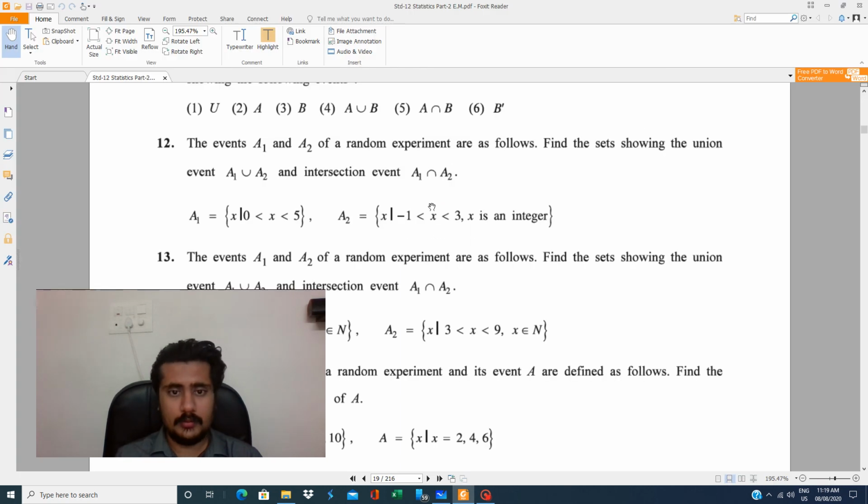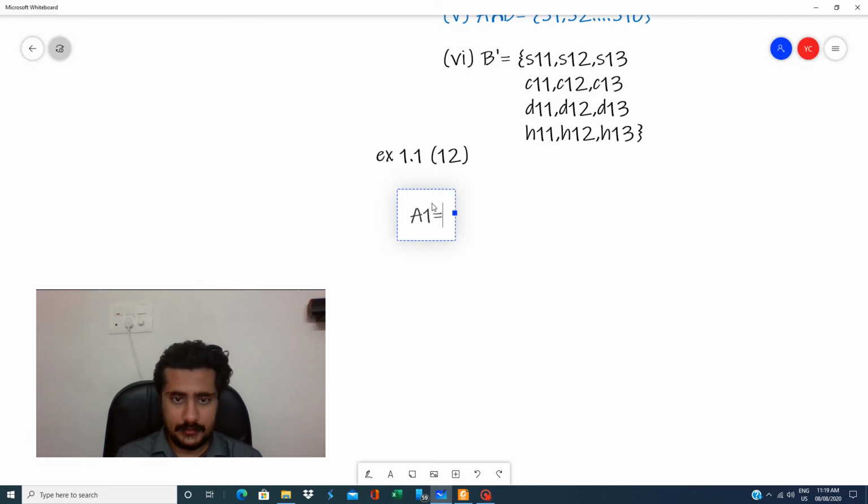So A1 is x belongs to, 0 less than x less than 5.